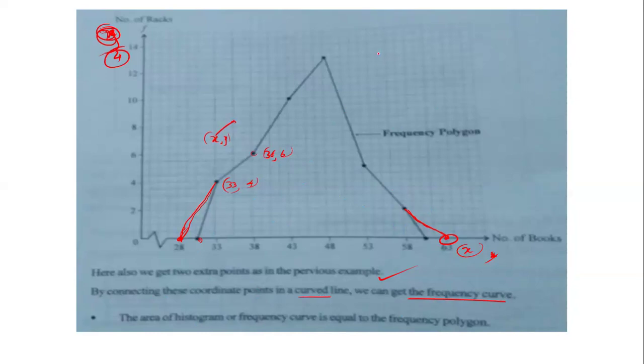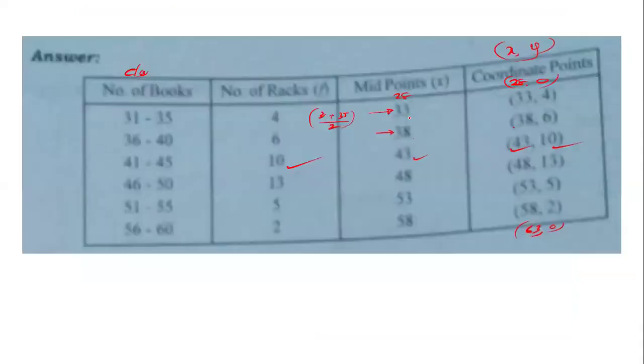Sir, excuse me, sir. How to identify the 28? Yes, please give your attention to this one. Now, this 33 here. How did you get 33? 31 plus 35 divided by 2. And after, please think about the previous number.